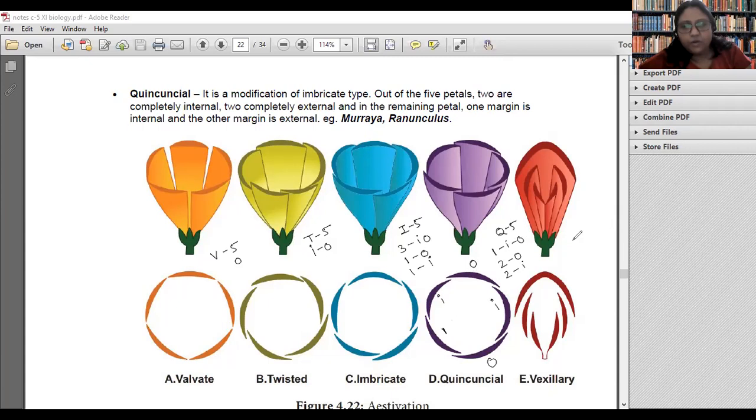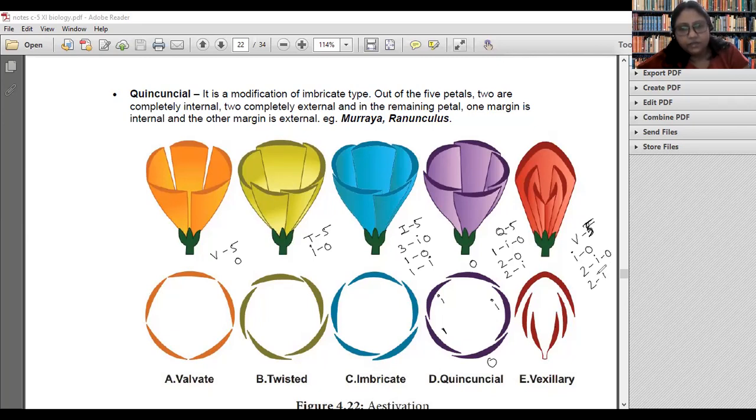Okay. What about vexillary? In case of vexillary, one is out. Vexillary is actually having 5. It has 1, 2, 3, 4, 5. So in these 5, you can remember it this way, that one is completely out, 2 are in, out, and 2 are in.